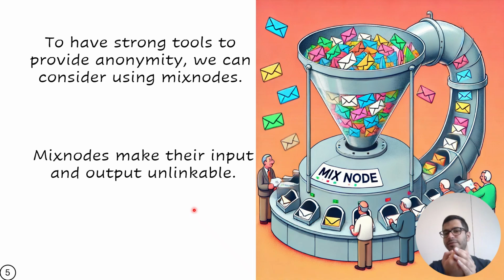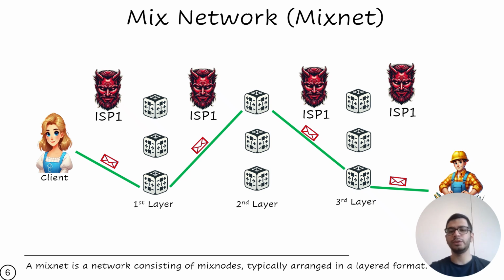mitigate the adversarial behavior. To be more specific, usually we use mixnodes together with others in a network shape that we call a mixed network, or mixnet. Mixnets are usually formed in layers, where each mixnode can be part of only one layer.